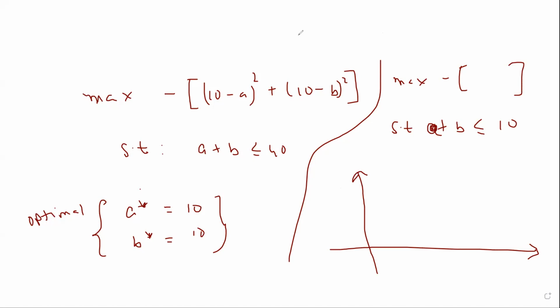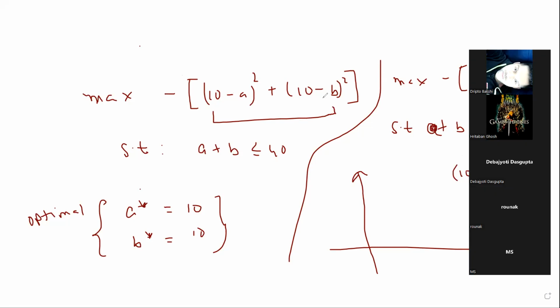Can you think of it geometrically? I'm just trying to think of different ways of thinking about it. What is this objective function talking about? This is a distance from the point 10, 10, right?